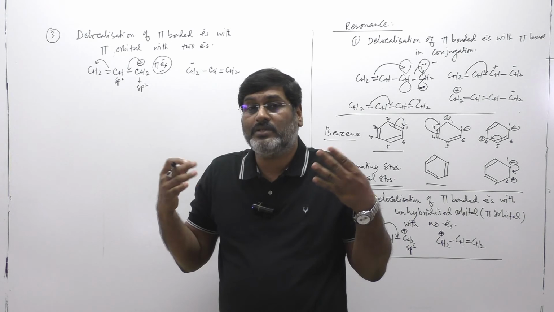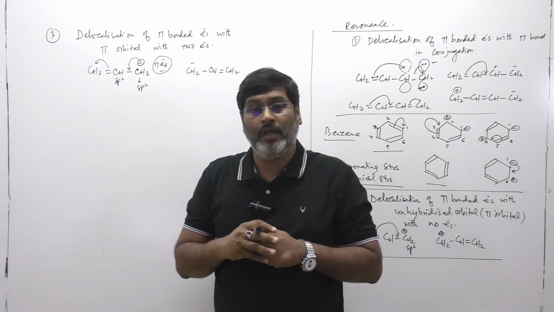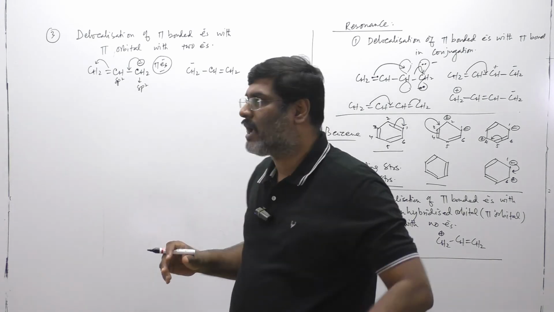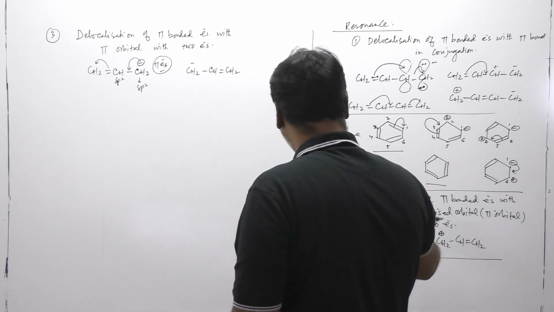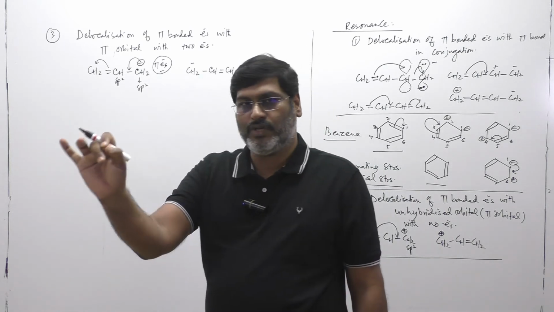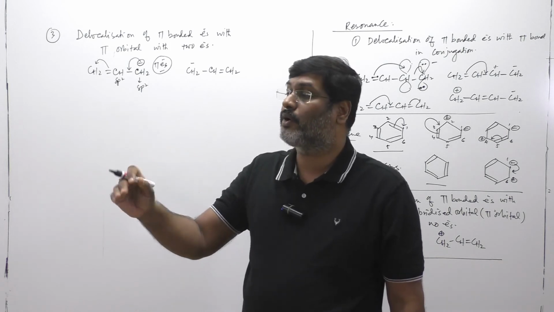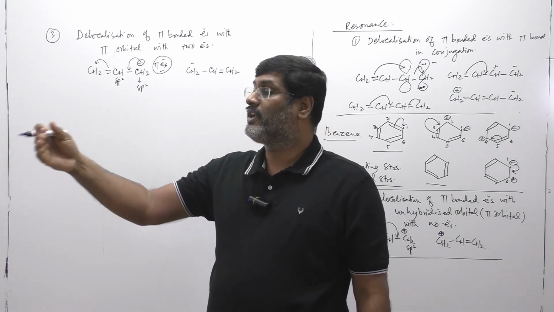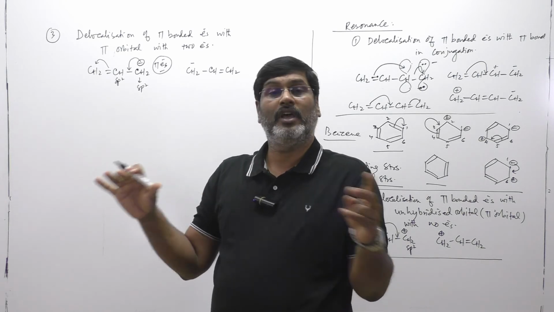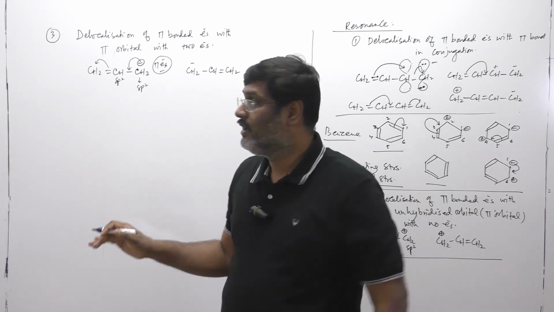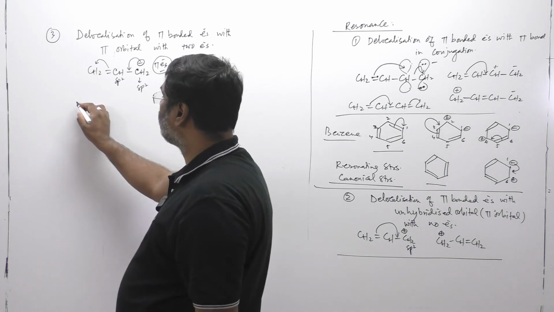To express this kind of delocalization, we have to use two arrows simultaneously. It is not like the positive, where the single arrow is enough, two arrows, because we have to express how the next place is available for delocalization. I am just taking the bigger system of this one.